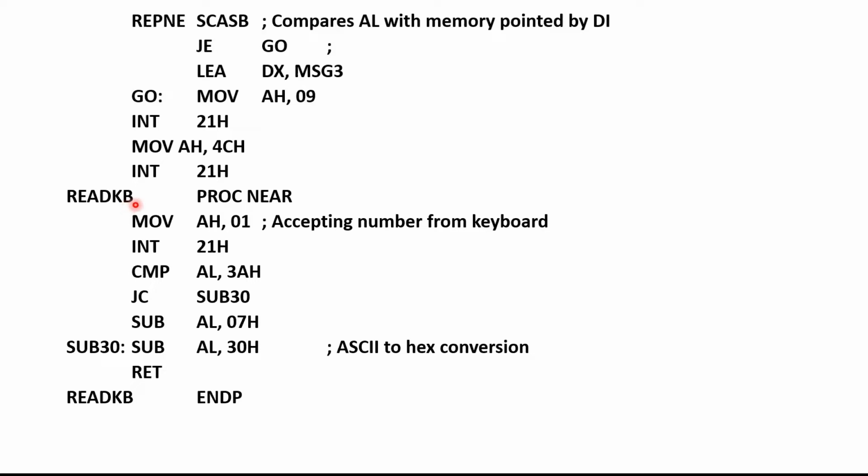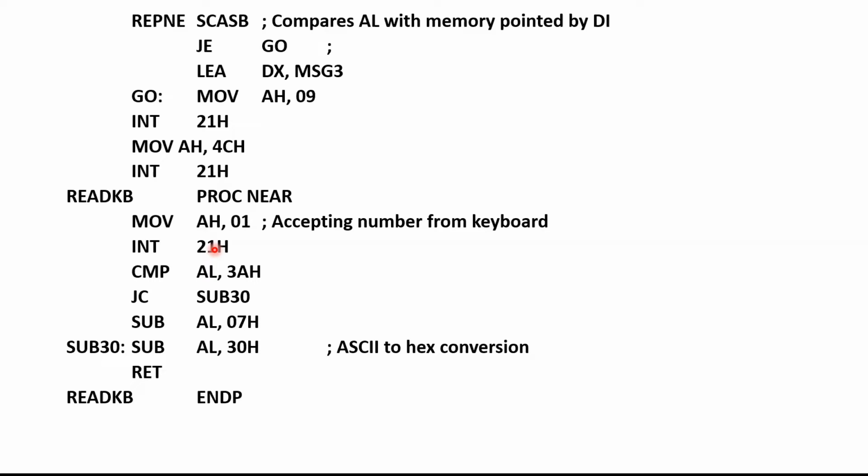What I have done here in the readback: first I am declaring the type, procedure near. Then as I have to take a character input digit by digit, I'm inputting a character. As I explained earlier, to input a character you need to load 01 onto AH, INT 21, so I'm writing MOV AH, 01, INT 21. Now whatever you have entered, let's say I have entered 5. When I enter 5, its ASCII code will be stored in memory.